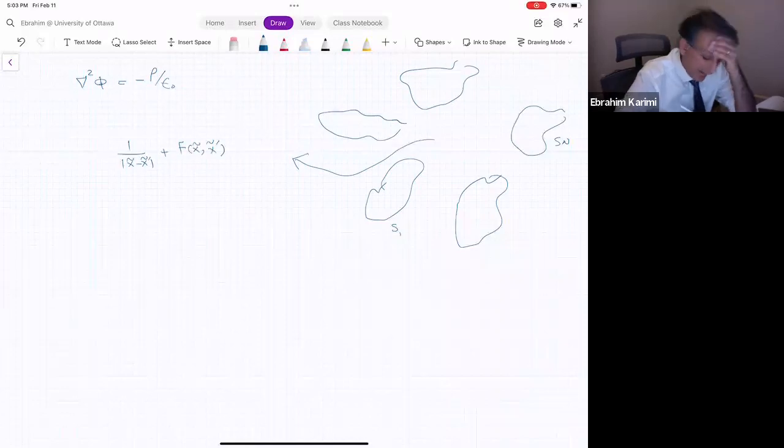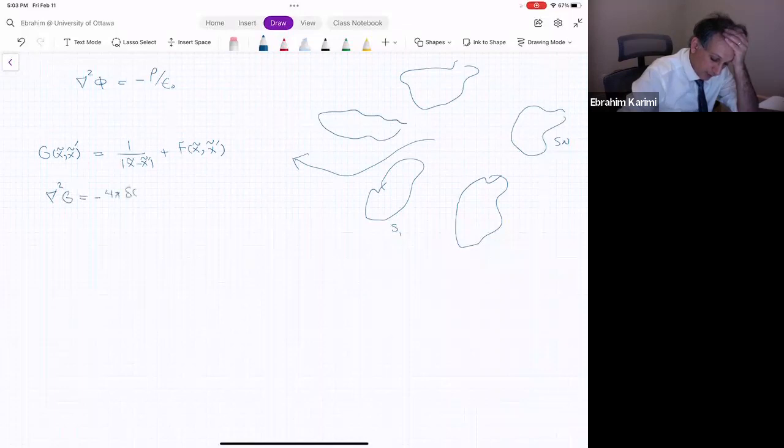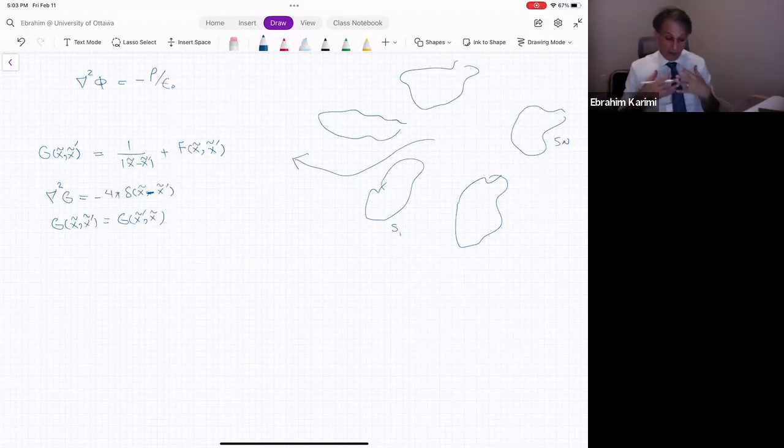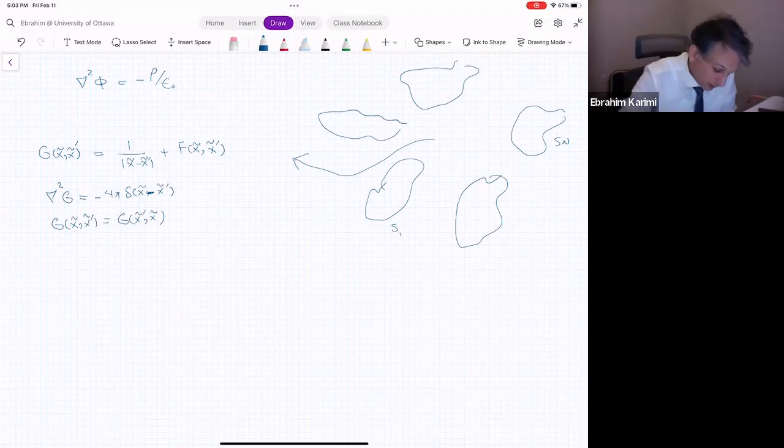This comes from the fact that the Green function should satisfy the following two relationships: the Laplacian of the Green function should give you minus 4 pi delta of x minus x prime, and G of x and x prime should be equal to G of x prime and x.